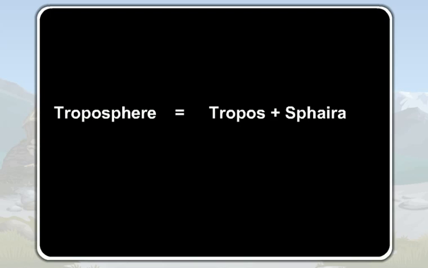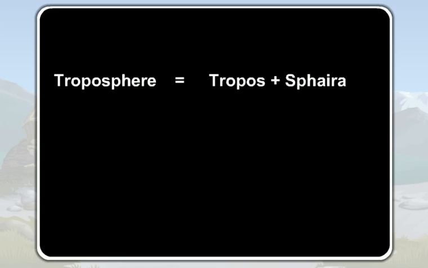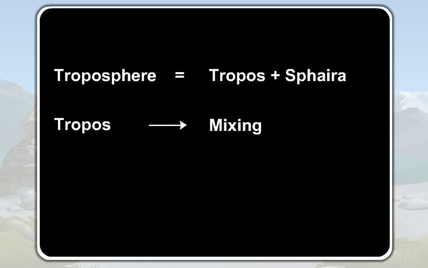The word troposphere is a combination of two Greek words, tropos and sphaera. The meaning of tropos is mixing, and the meaning of sphaera is ball.